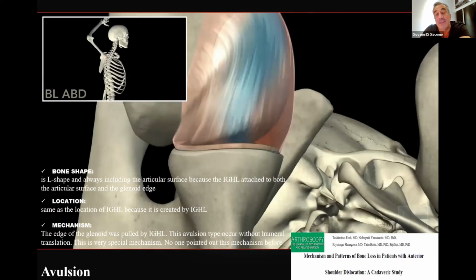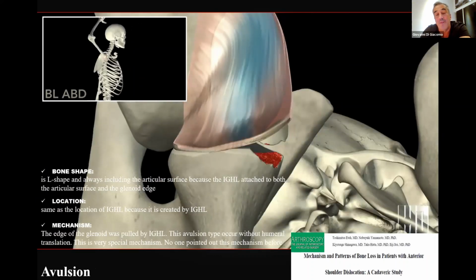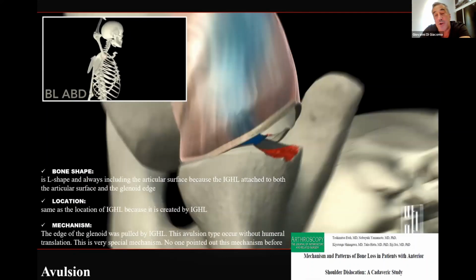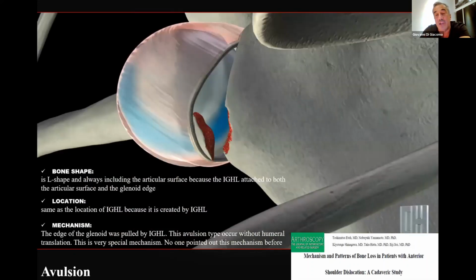It means that this shoulder became very weak from the stability point of view and very prone to have dislocation also with subtle trauma. And sometimes it happens that your patient explains to you that they dislocated the shoulder not because of a huge trauma, but because of a small trauma. So you have to investigate if they have this kind of avulsion lesion.